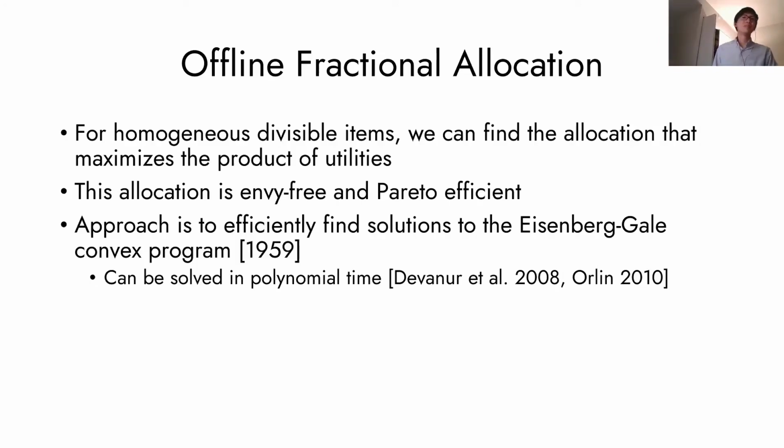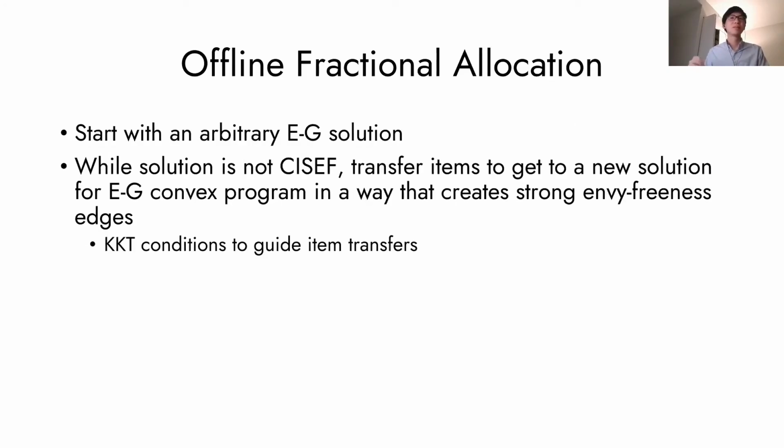Now, finally, I'll briefly discuss how we solve the offline problem. For this setting, with homogeneous divisible items, maximizing the product of utilities guarantees envy-freeness and Pareto efficiency. And maximizing the product of utilities is equivalent to solving an optimization problem referred to as the Eisenberg-Gale convex program, which we know how to solve in strongly polynomial time. Now, we'll start with an arbitrary solution to the convex program, which we know is envy-free and Pareto efficient.